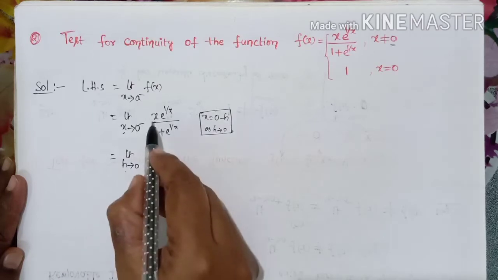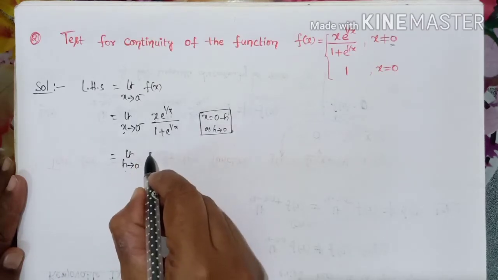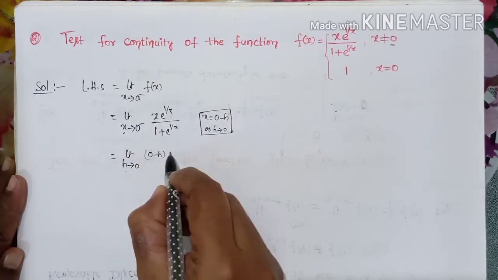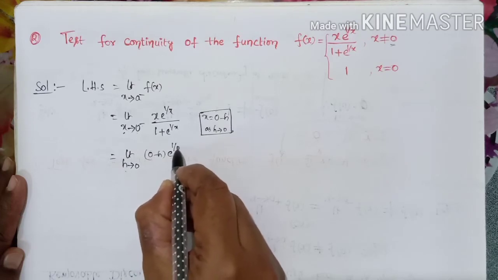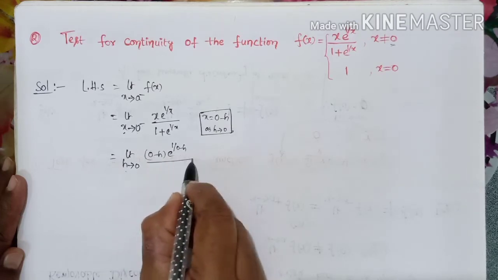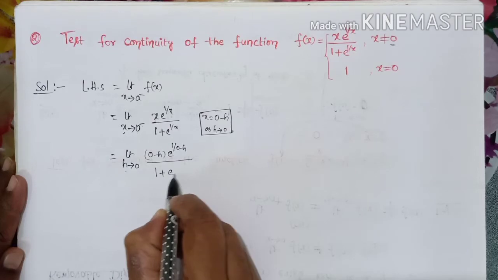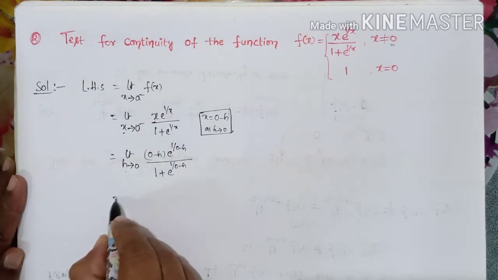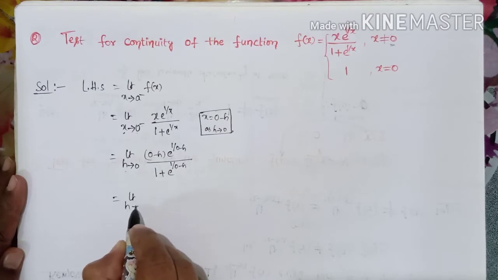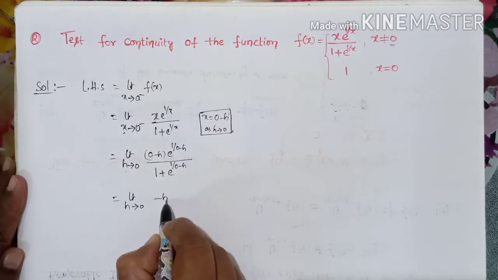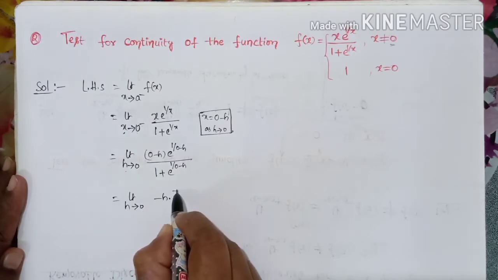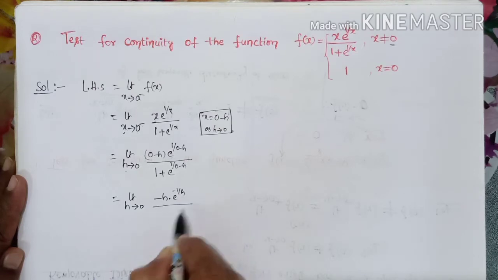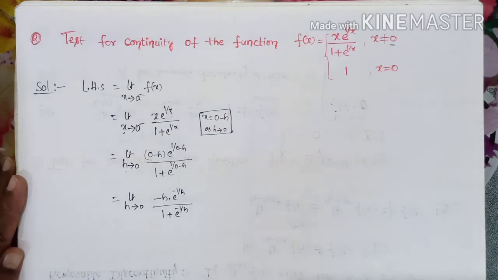The limit as h tends to 0 of (0 minus h) into e power 1 by (0 minus h) by 1 plus e power 1 by (0 minus h), which is the limit as h tends to 0 of minus h into e power minus 1 by h by 1 plus e power minus 1 by h.